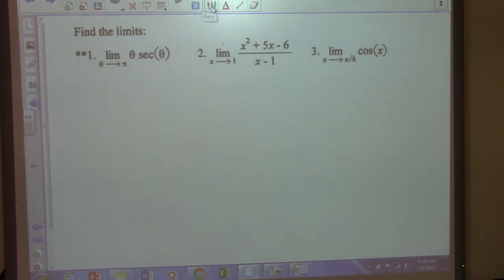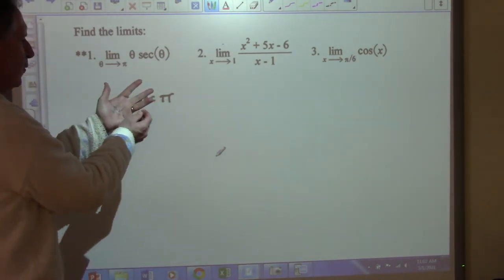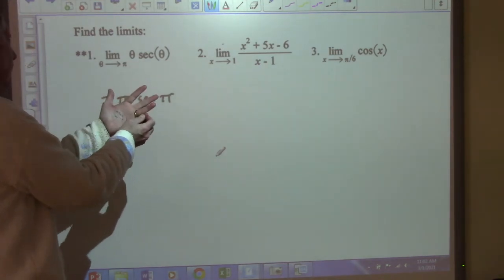So we can substitute in. We get pi for theta, and secant of pi. Well, what is secant of pi? You're going to have your reference angle of 0.